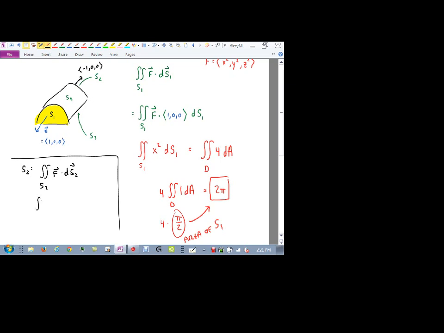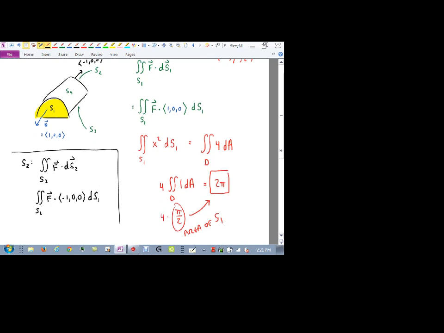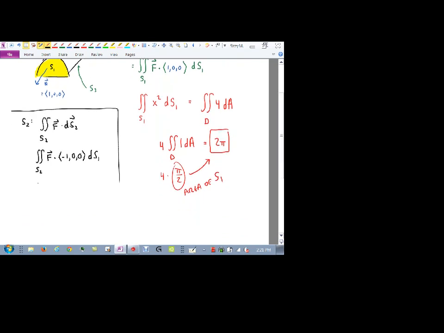So I can do the double integral over S2 of F dotted with negative 1, 0, 0 dS. But that's just going to turn into the double integral over S2 of negative x squared dS.